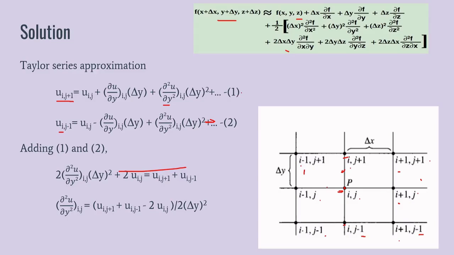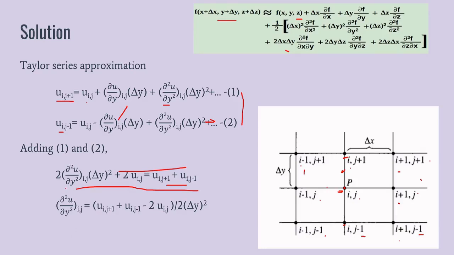Suppose we are adding these two equations, then because u i j is in both equations, it will be 2 u i j, and the left hand side will be u i j plus 1 plus u i j minus 1. This time the first order term will be cancelled because one is positive and the other one is negative, and the equation will become like this.